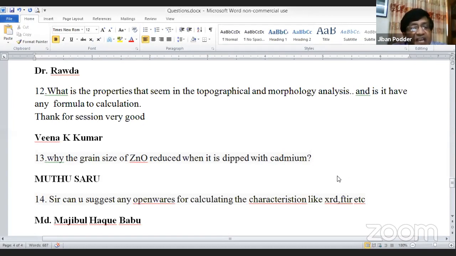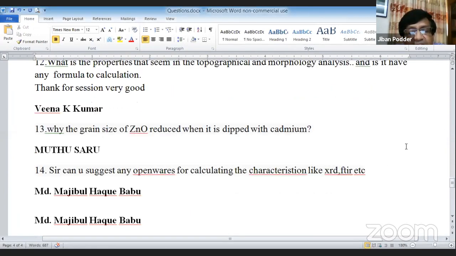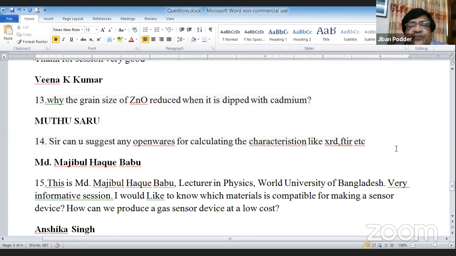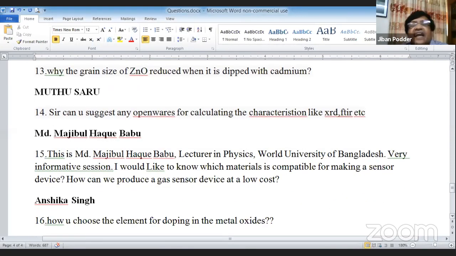Can you suggest any open source for calculating characteristics like XRD, FTIR? Actually, FTIR we use to estimate the bonding, to identify the functional group only, because it is suitable for organic molecules.